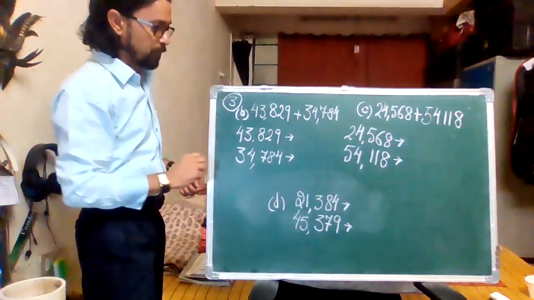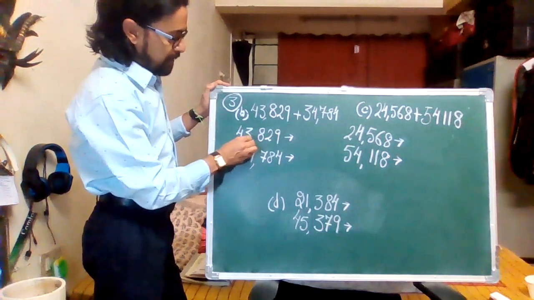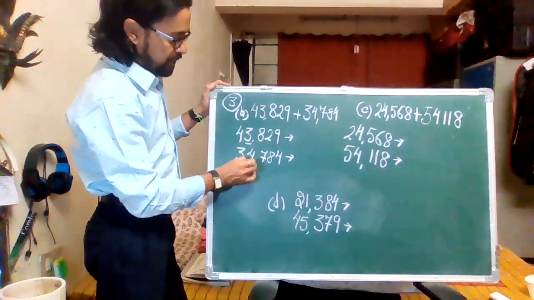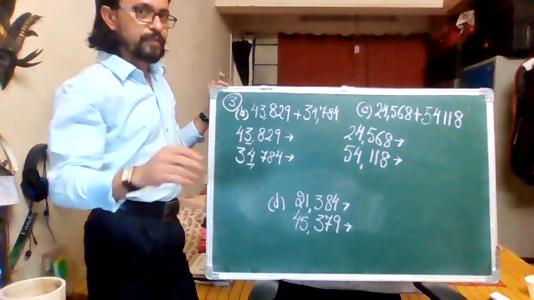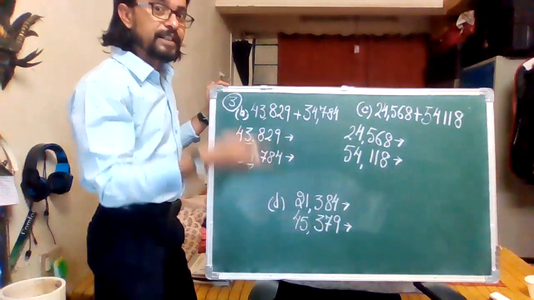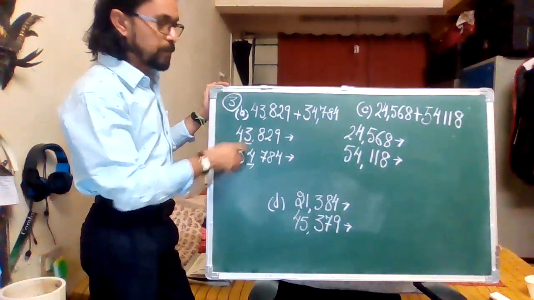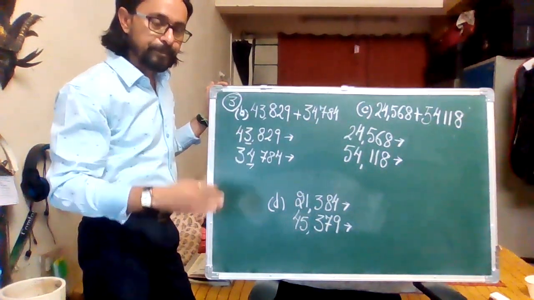A is for homework. So to the nearest thousands, my thousands place I have 3, thousands place I have 4. But having 3 or 4 doesn't make a difference. I have to look at the number at the side of it, to the right of it. That is going to tell me whether this number will remain the same or the number will increase by 1.